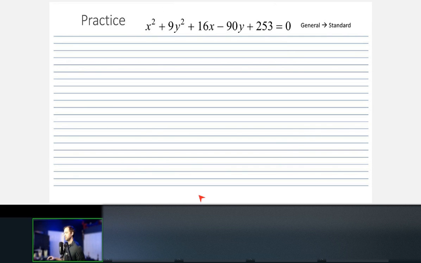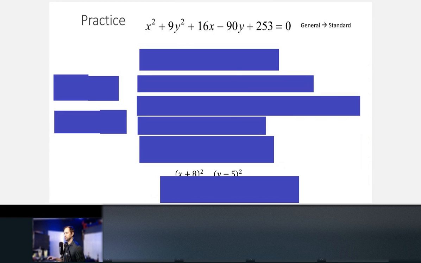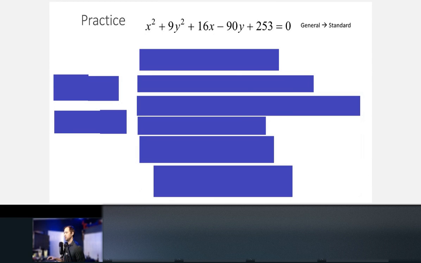All right. So let's just go to the final answer and see what we get. Your final answer for the x term, what is the binomial in the numerator?